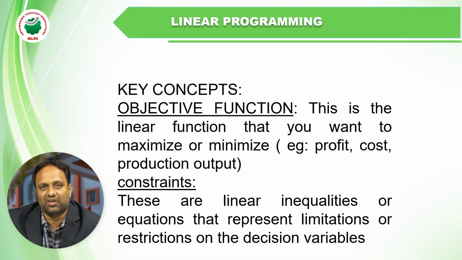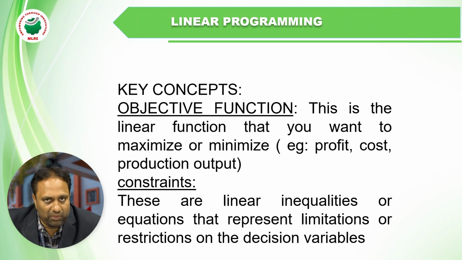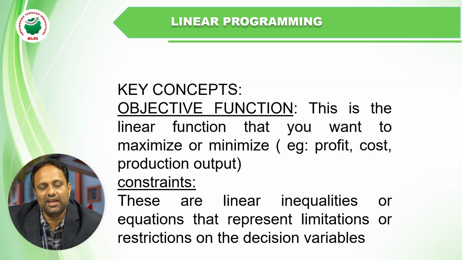So dear students, when you are working on a linear programming problem, you have to keep these things in mind. The first important concept is the objective function, to maximize the profit and minimize the losses for the manufacturer. The second is constraints, the limitations, the restrictions, the rules which a manufacturer has to follow in its production process. These are the two important concepts, the objective function and constraints. Next, we'll move further.